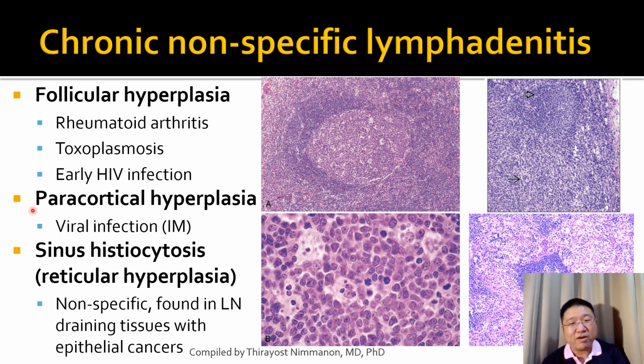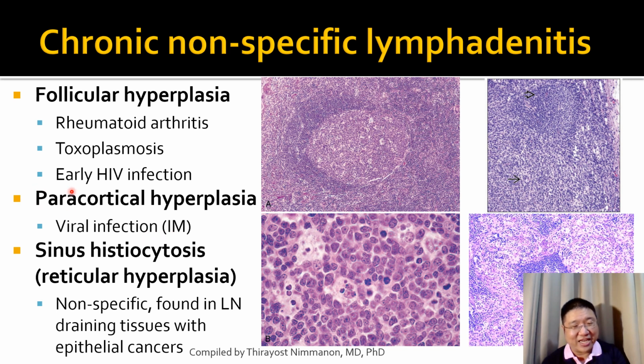Sometimes the area that is mostly proliferating is the paracortical area, deeper within the lymph node. This condition may be caused by viral infection, for example, infectious mononucleosis.